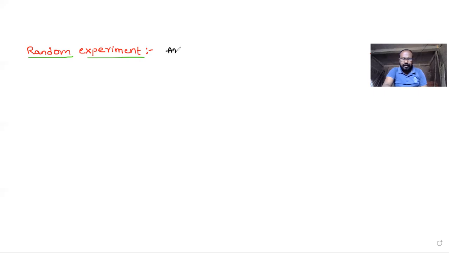An experiment is called a random experiment if it satisfies the following conditions.